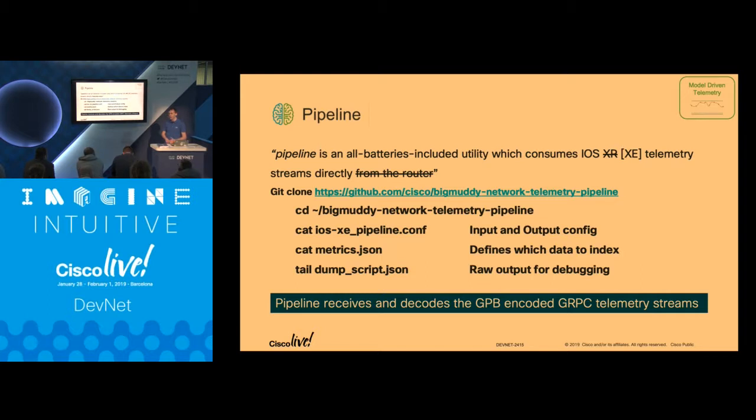And there's very little impact to the device that's sending this GPB encoded gRPC data stream. Unlike SNMP, right? So many of us worked with enterprise networking monitoring solutions, like Cacti or PRTG, for example. There might have been situations where we've added another tool or another SNMP collector, and then we've seen our CPU like double or triple in utilization, maybe even to the point where it's causing network issues.